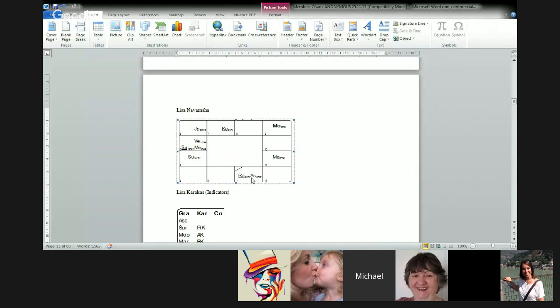But of course, because it's Libra, really, she has to develop balance between self-expression and marriage.